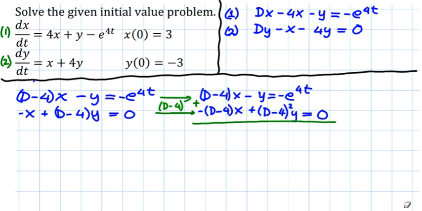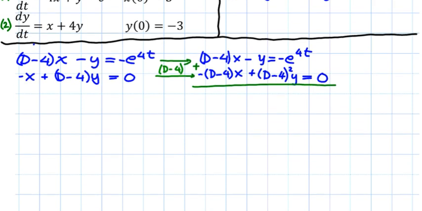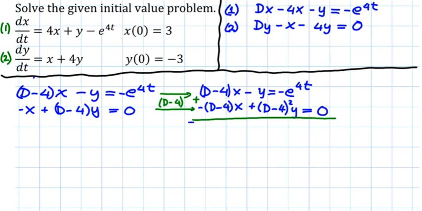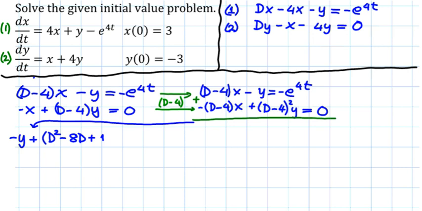If we do that, we should have the equation. That's fine, just leave it for now. We should have negative y plus d minus 4 squared, which is d squared minus 16 minus 8d plus 16, y equal to 0.